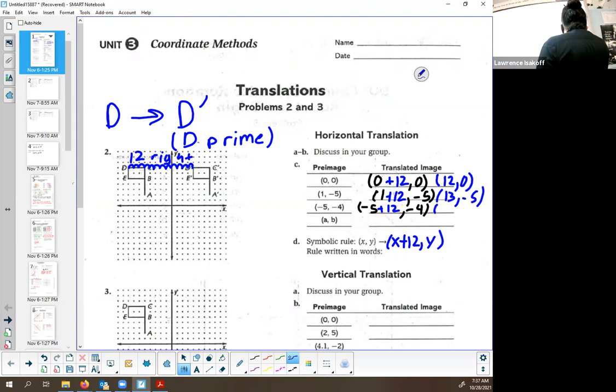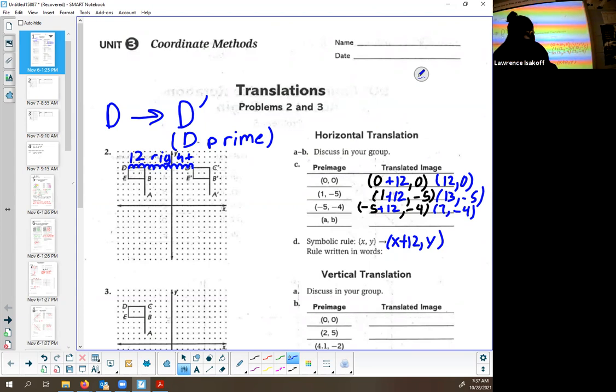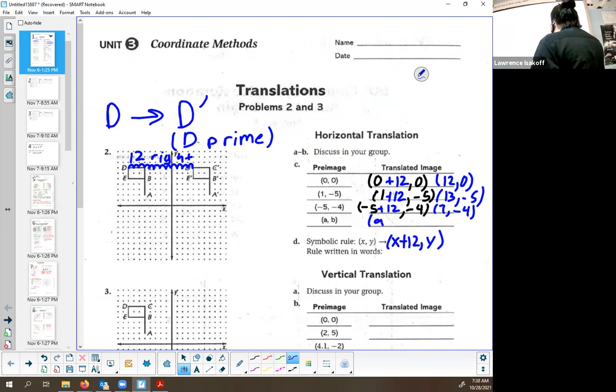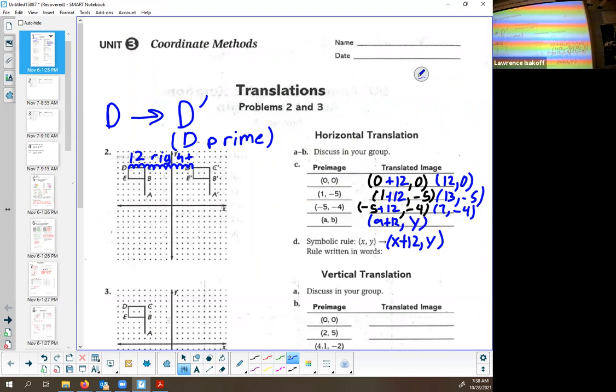That gives me 7, comma negative 4. And then the last one, A, comma B, I just have to add 12 to A. So that one ends up just being our symbolic rule: A plus 12, comma Y. Our rule written in words: I'm just going right 12 each time. So that's our rule in words.